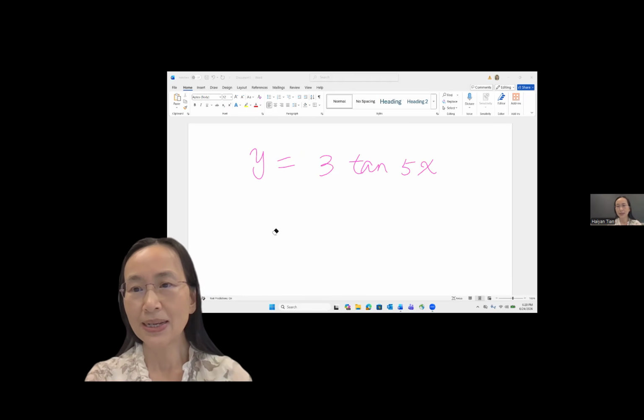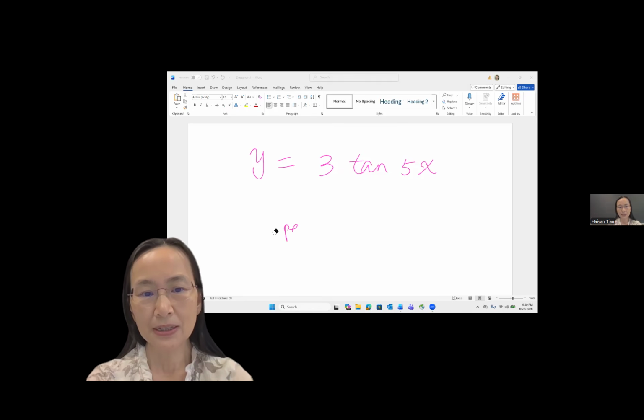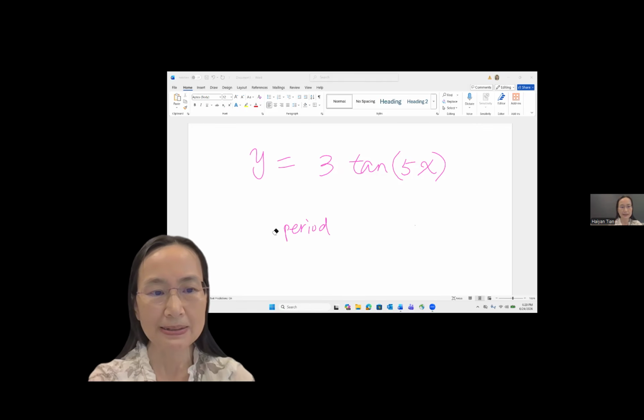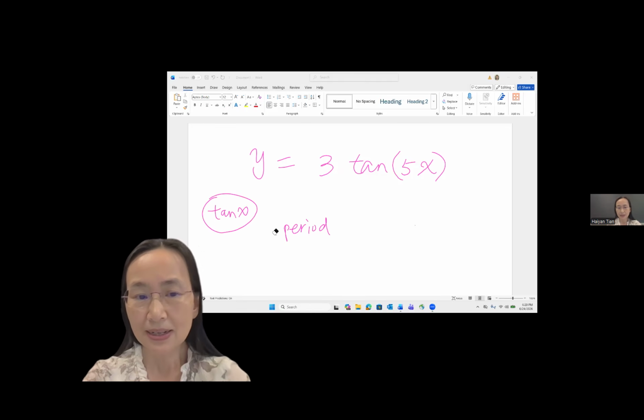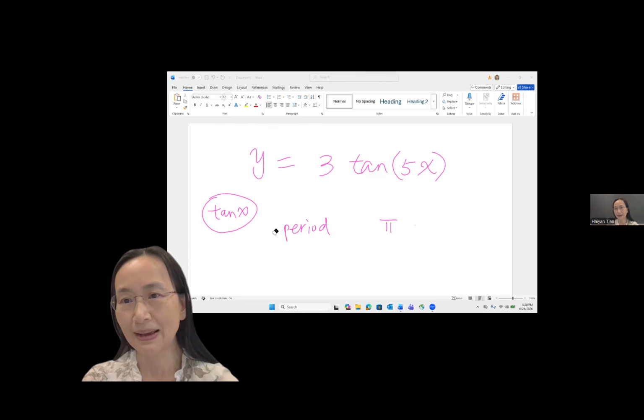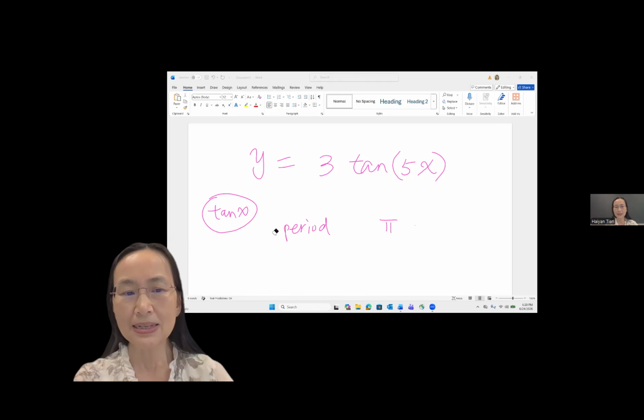Then what is the period of this function? We know the period of a basic tangent function, right? If I just look at the basic tangent function, tangent x has a period of pi.